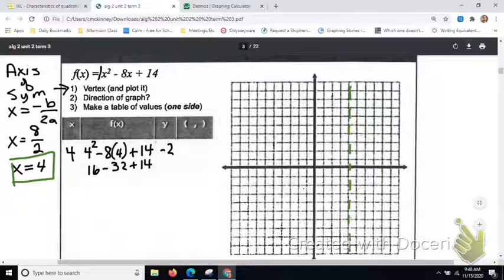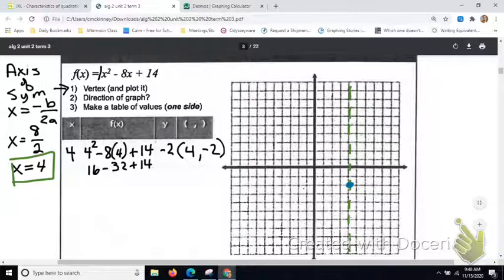That's the answer that comes out when I plug 4 in. So 4, -2 is my first point that's on this parabola. I'm going to put our actual parabola in dark blue. So 4, -2. So there is my vertex.